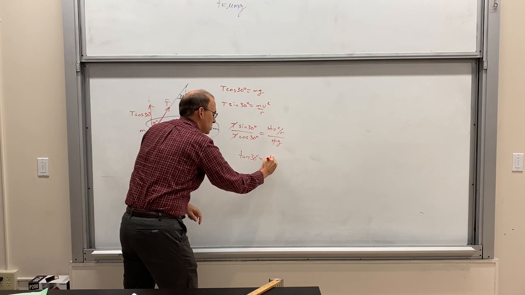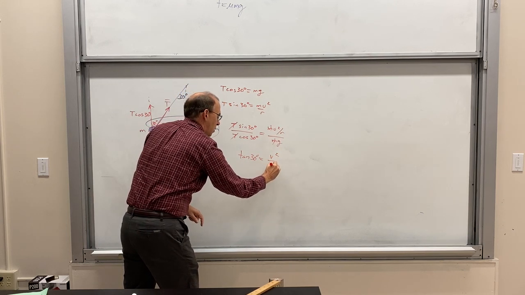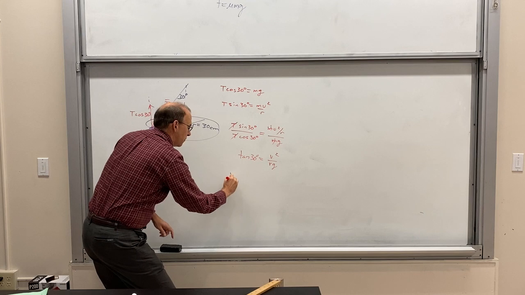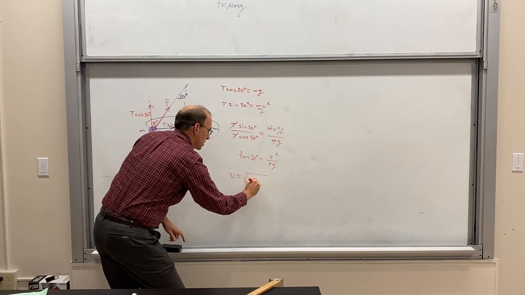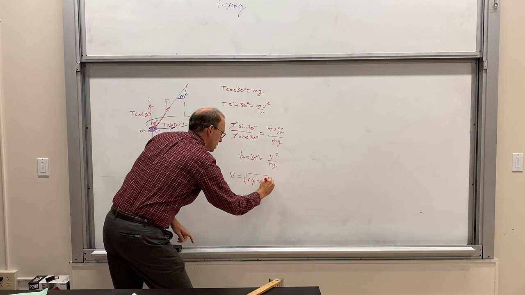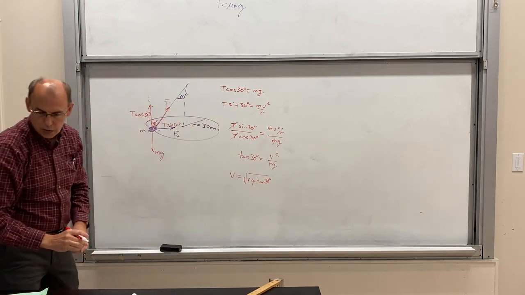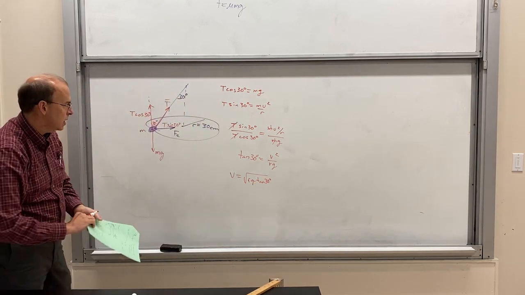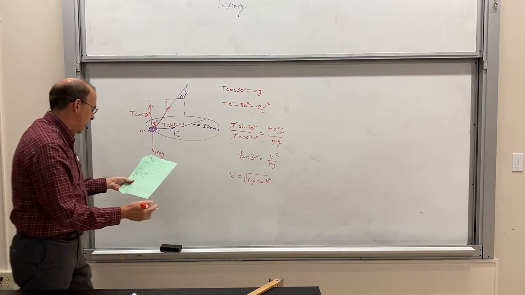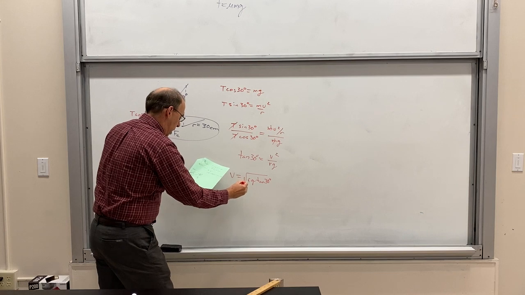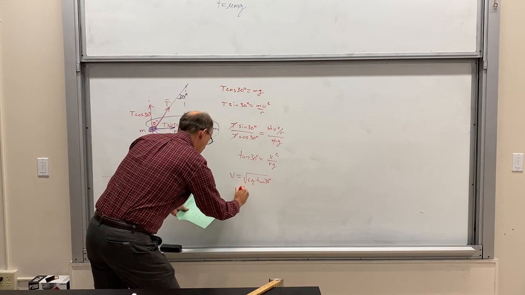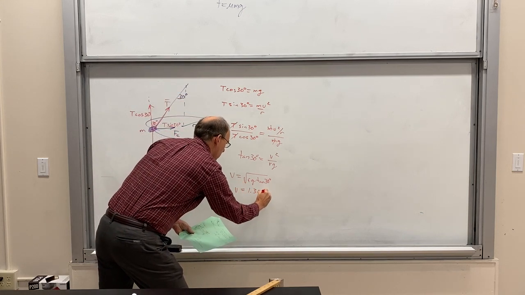And algebraically, this is v squared over rg. So v is the square root of rg tangent 30. See, that one's a little tricky. You might have to practice that one. I plugged in all those values, 0.3 for r, 9.8, tangent 30, and got 1.3 meters per second.